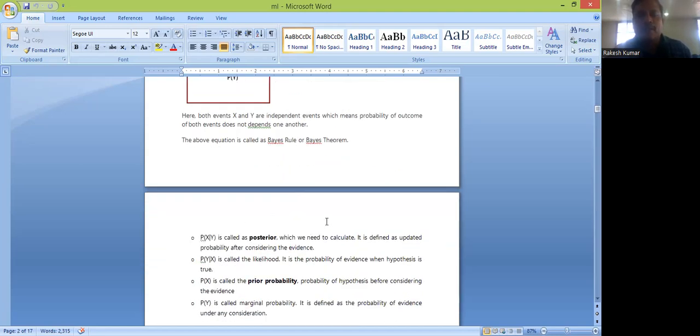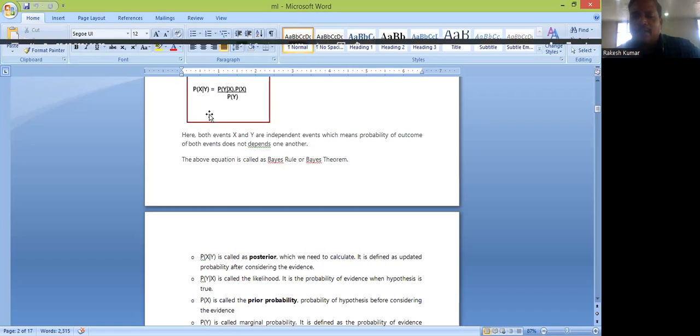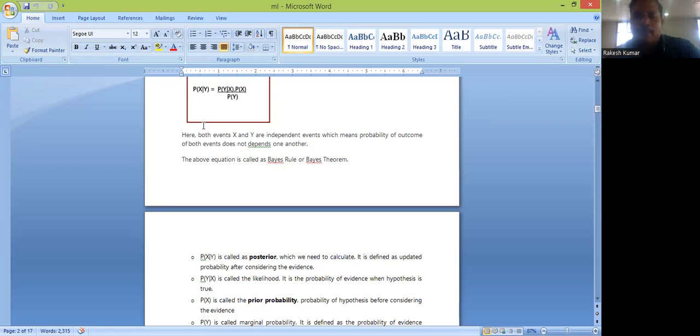Here P of X by Y we call the posterior, and P of Y by X we call the likelihood. Why are we calling this a posterior? P of X by Y is the posterior, which needs to be calculated. It identifies and defines the updated probability after considering the evidence.